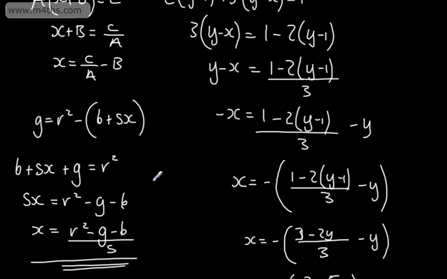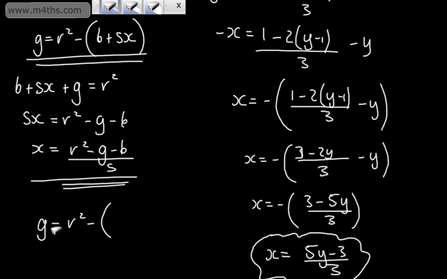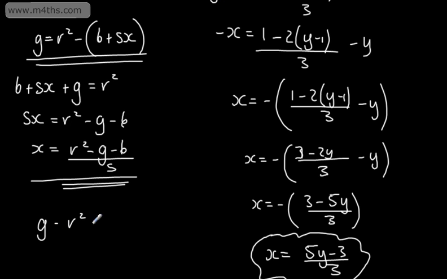We certainly didn't have to. What I could have done is subtracted the g from, and let's just do this in a way. Let's say I subtracted, so starting here again, what we're going to do now is go ahead and we're going to have now g minus r squared is equal to negative the quantity (b plus sx).